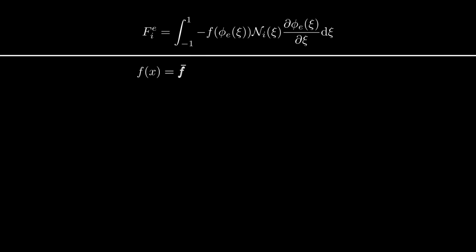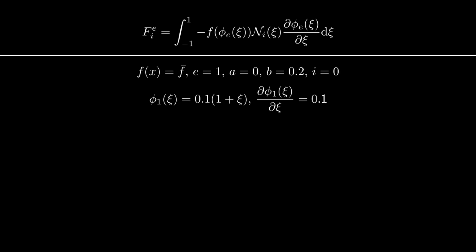We assume that f of x is constant and equal to f bar. Again, we pick the first element and we pick the entry i equals 0. We need the mapping phi for the chosen element and its derivative, and the shape function curly N0.